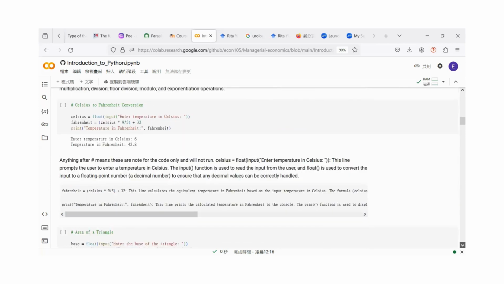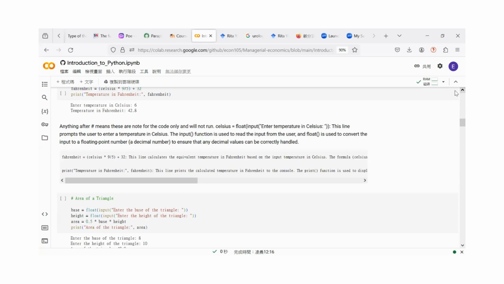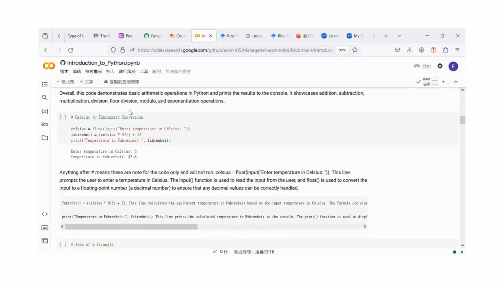So another one, Celsius. We have a Celsius to Fahrenheit conversion. We will try to explain what is shown here. It shows what the calculation is.